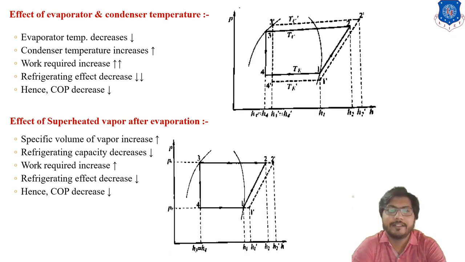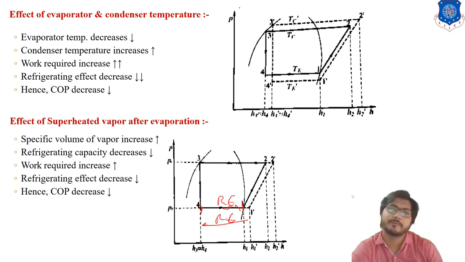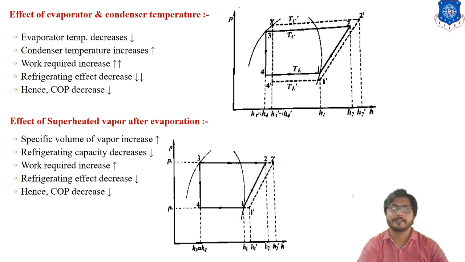Work required increases, refrigeration effect decreases, and hence COP decreases. So 1 and 4, this is our refrigeration effect before superheating, and if superheating is done, RE increases, but the required work is more compared to RE. That's why COP of this system decreases.